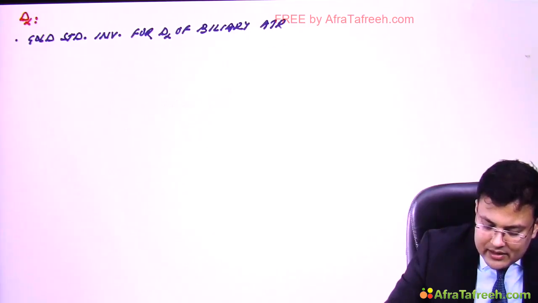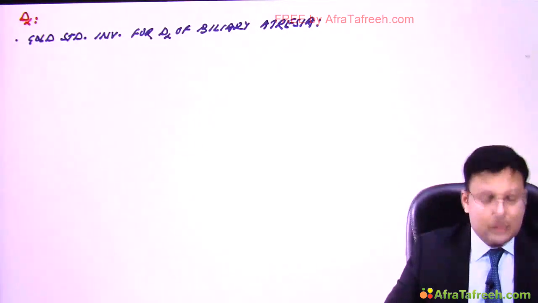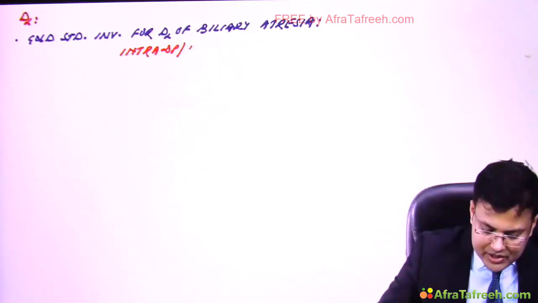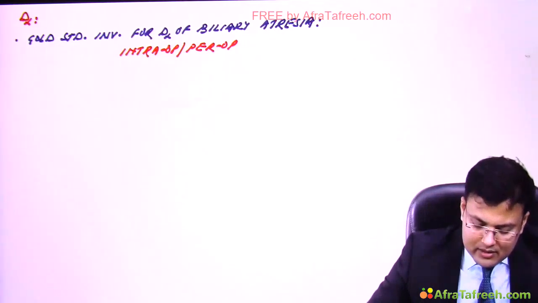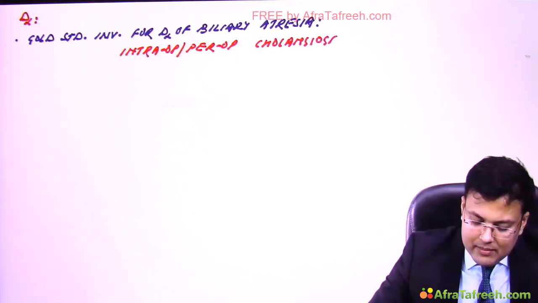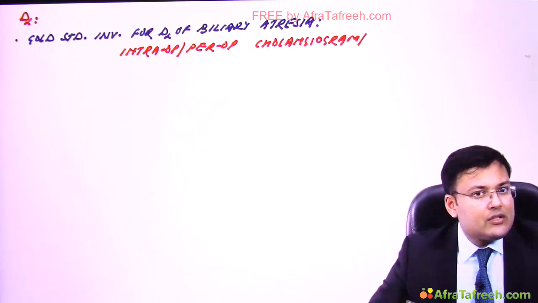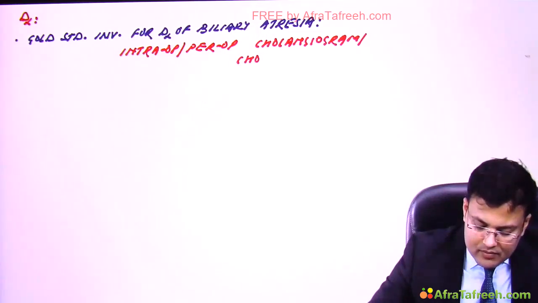This question was asked minimum 5 to 6 times. So you have to remember, it's intraoperative. Sometimes in exam they mention peroperative cholangiogram, and sometimes in exam it's given as cholecystocholangiogram.